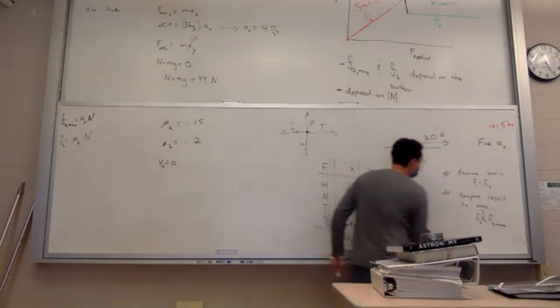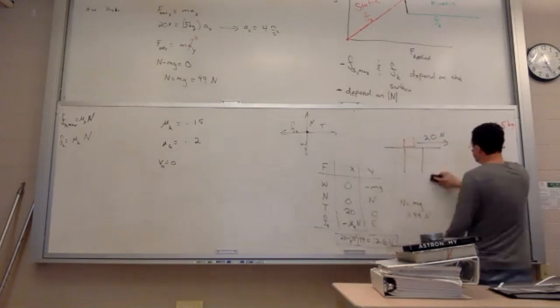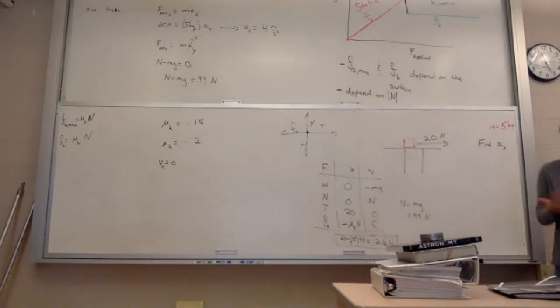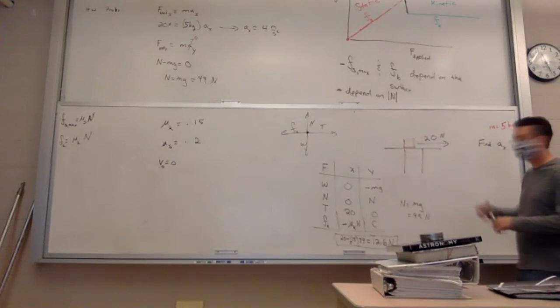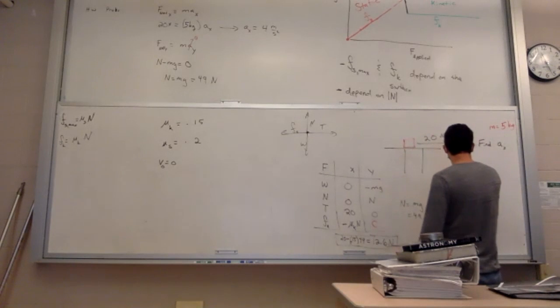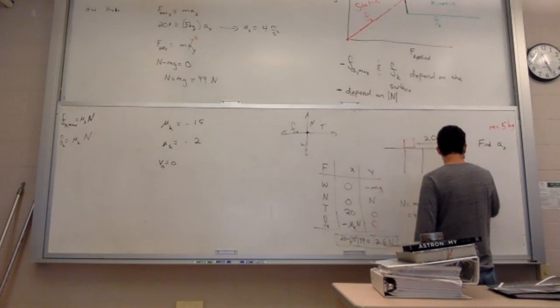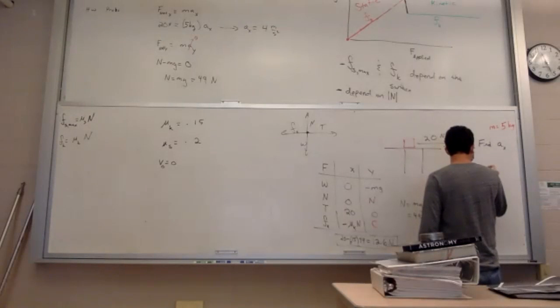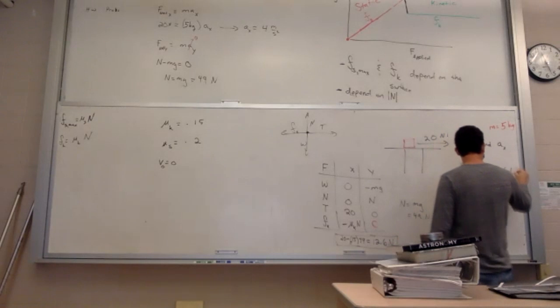And all of this is wrong, but it was the right logic. It just happened to not be sufficient. Okay. So we learn, F net in the x direction is 12.6 newtons.